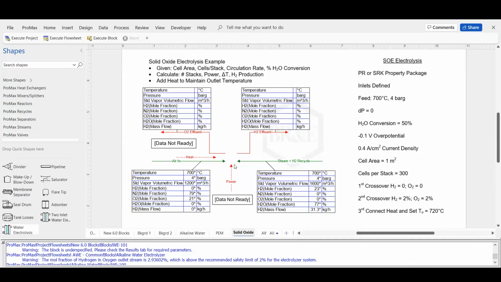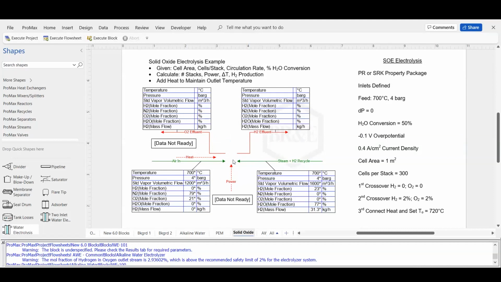And another interesting thing about these is that they tend to have negative over potential voltage. And what that means is that to run these, you actually need some supplemental heat that is coming in at a high temperature. So these processes tend to need some high temperature heat to keep them running at the desired outlet temperature.